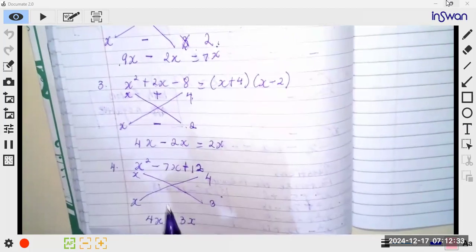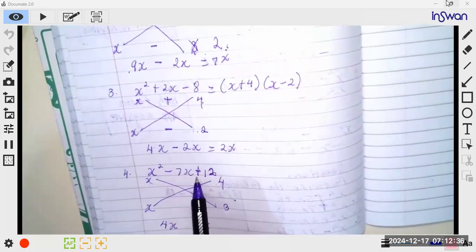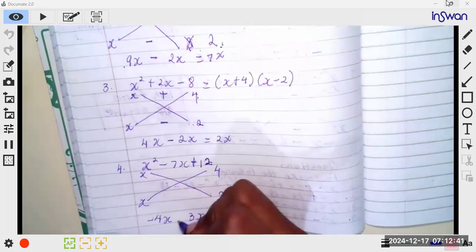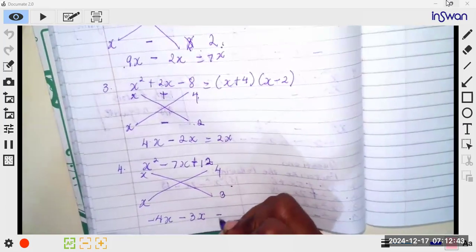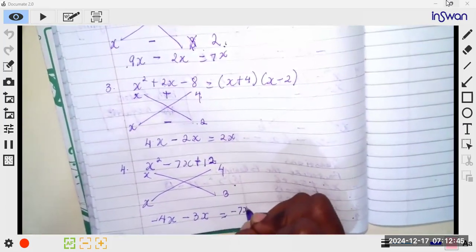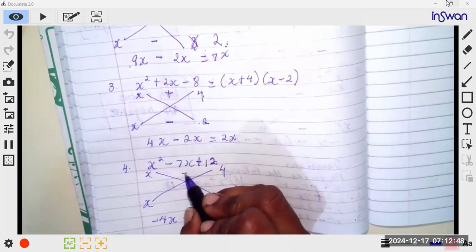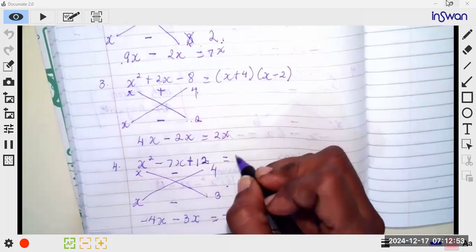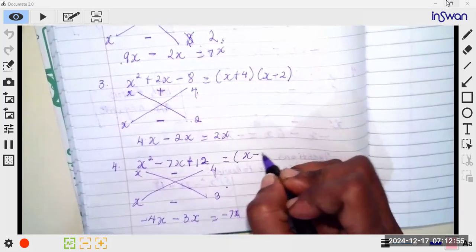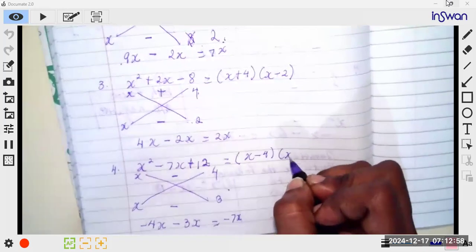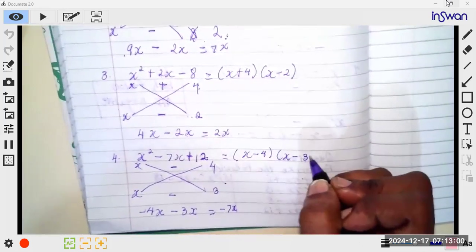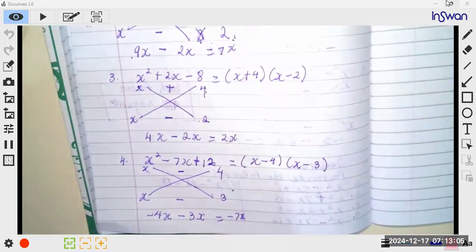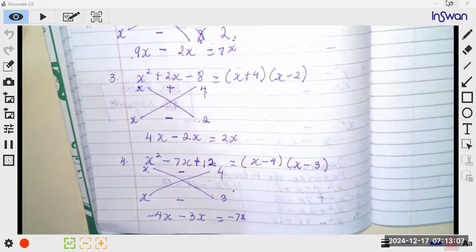But remember, I told you all, anytime you see it looking like this, both of them will be minus, minus here, minus here, to give you minus 7x. So there'll be a minus in front of the 4 and a minus in front of the 3. So for your final answer, x take away 4 by x minus 3. Any questions so far?